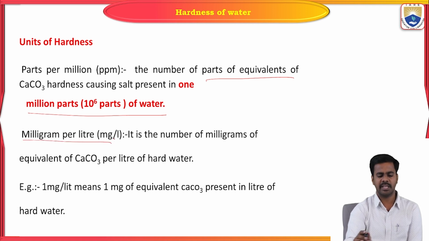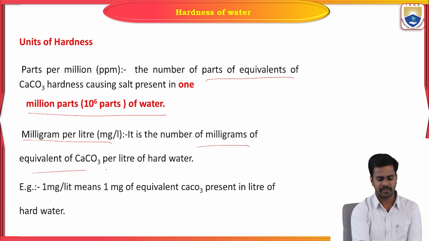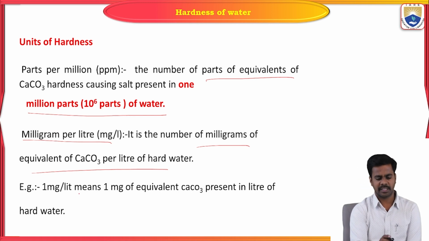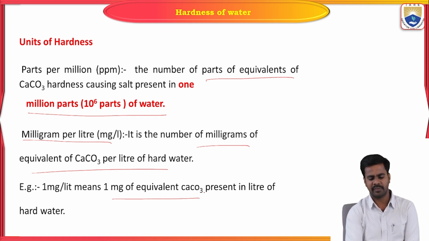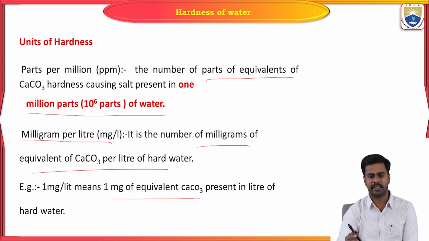Next one is milligram per liter. It is the number of milligrams of CaCO3 equivalent per liter of water. So 1 milligram per liter means 1 milligram of CaCO3 equivalent present in 1 liter of water.